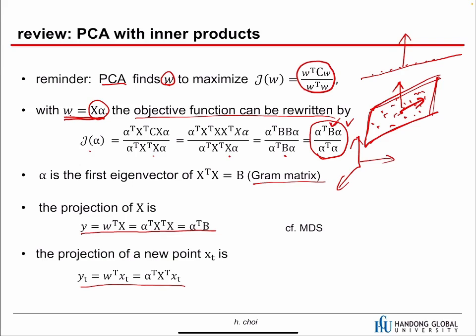If we use a kernel function instead of just the inner product in the data space, that is, instead of applying this inner product in the data space, we apply it in the feature space with the nonlinear function phi, then we can use the kernel instead of B. That is kernel PCA.